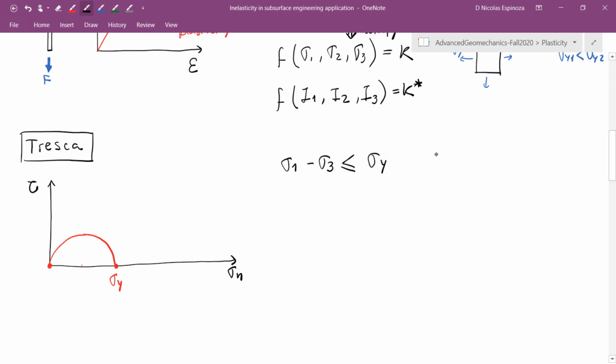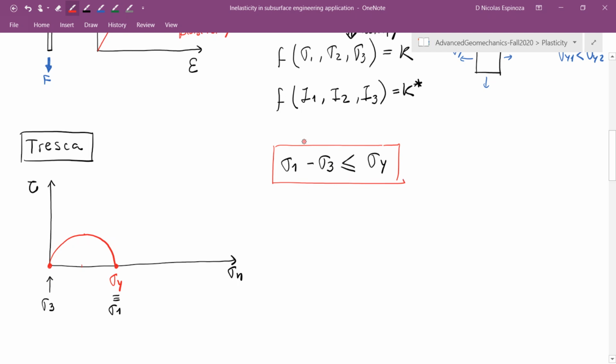Where I hope you notice from here now, let me do it with another color, that in this case, this is our sigma 1 and this is our sigma 3. But now I am extending with the Tresca criterion this for any state of stress and also to 3 dimensions.